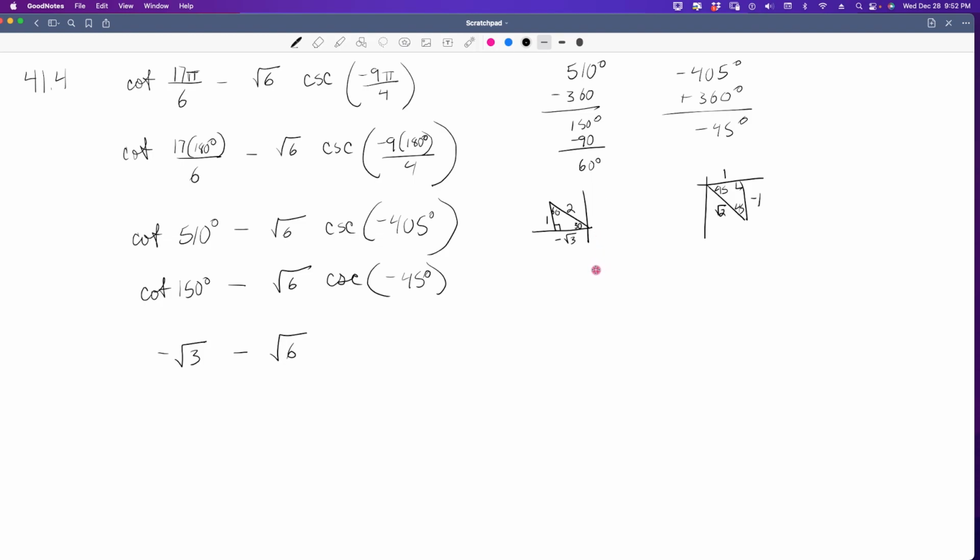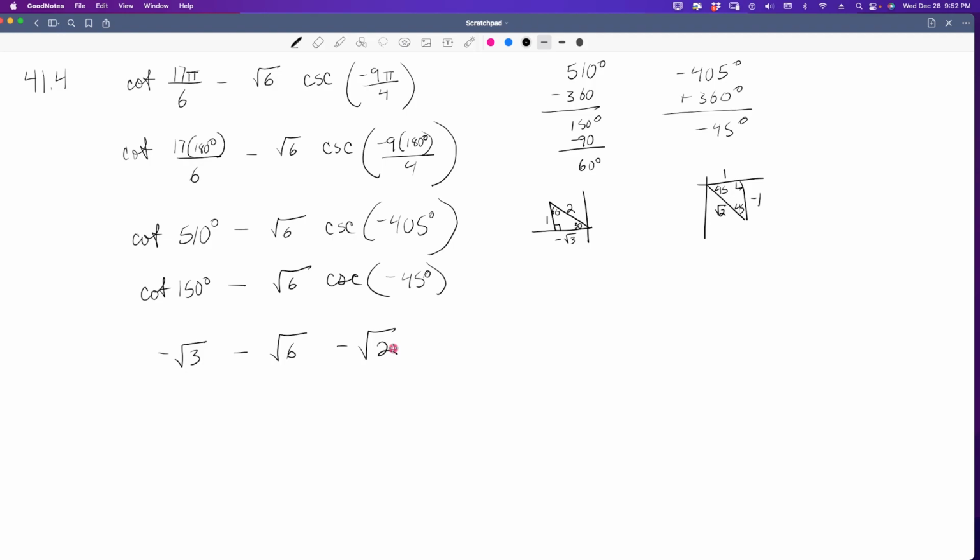All right, so that tells me the cosecant is going to be the hypotenuse over the opposite. So the hypotenuse is square root of 2 over the opposite, so that's going to be over a -1. So that means we have a negative square root of 2. And that is where that lives.